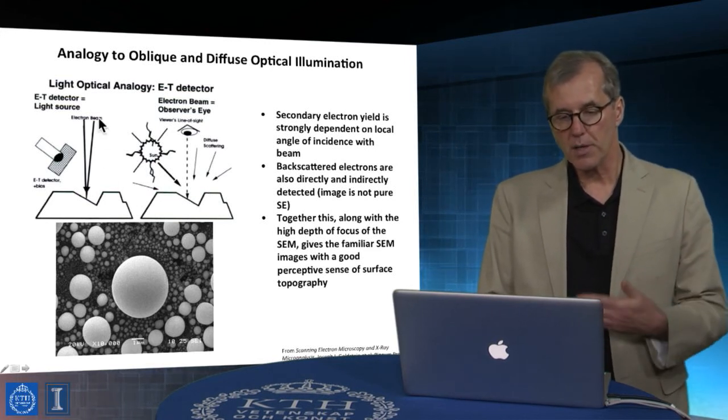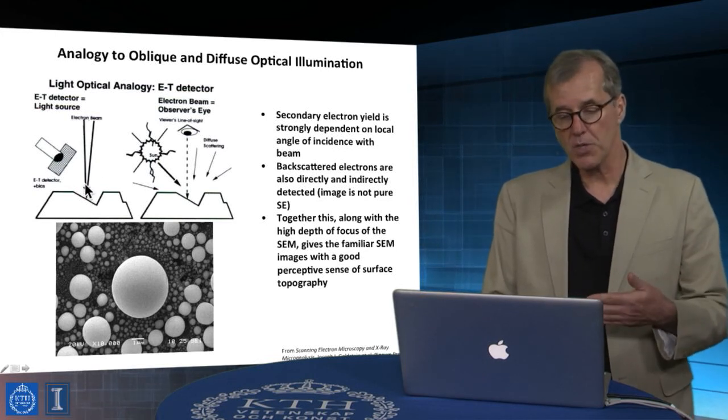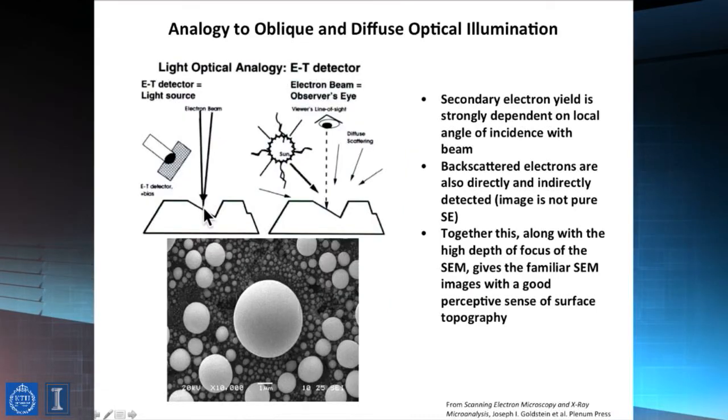Whereas with electron-based cases, we have by definition high direct normal incidence associated with the beam, but we have all these topological characteristics that come into play, and we can see that in this image.